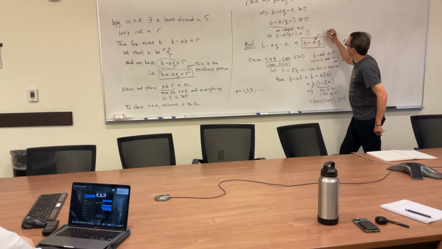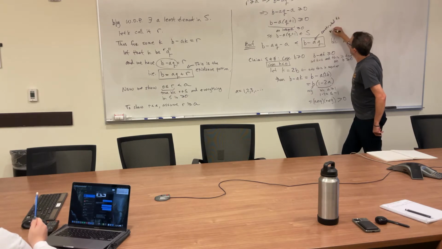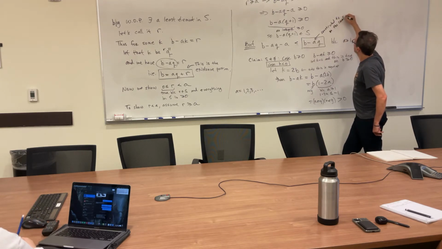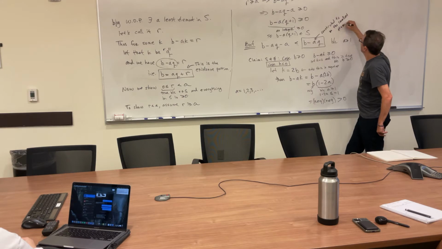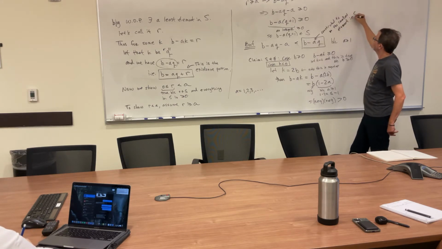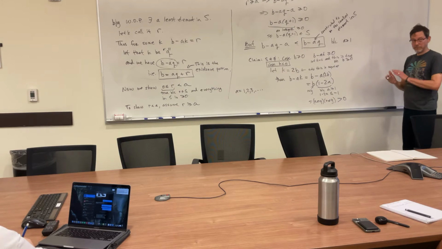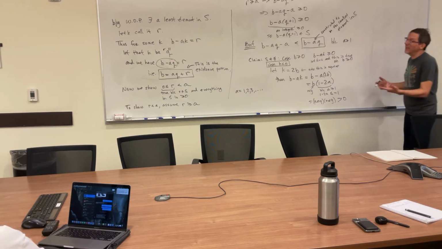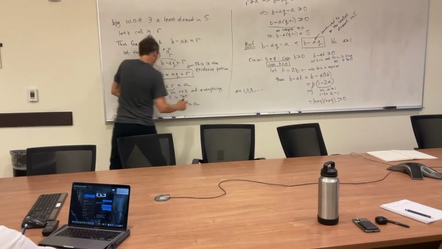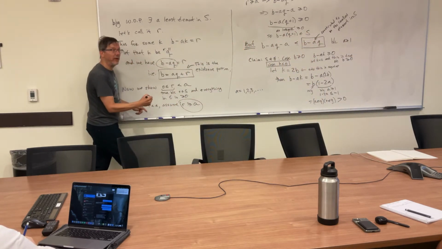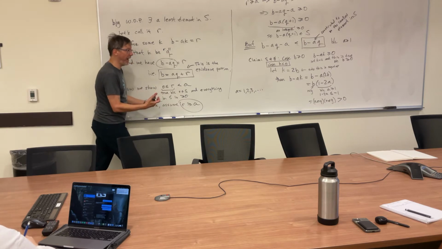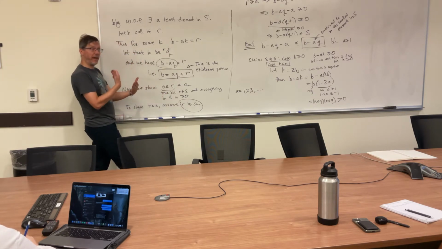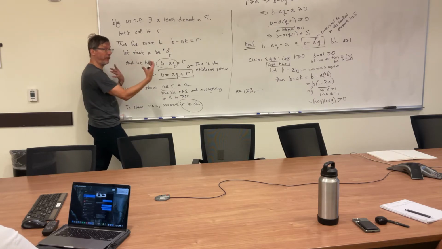This was constructed to be the smallest element in S. But it's not anymore, and all of that was a result of this assumption. As soon as I assume this, I can produce a new smaller element in S that's different from that first one, and that's a contradiction. It's breaking that first assumption.